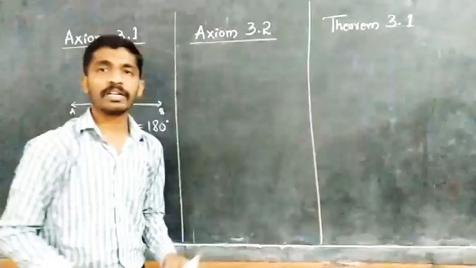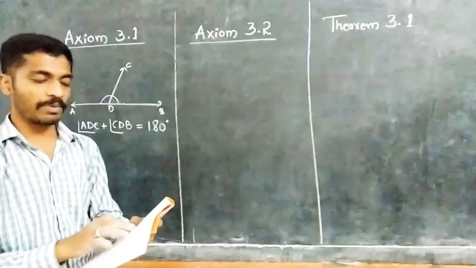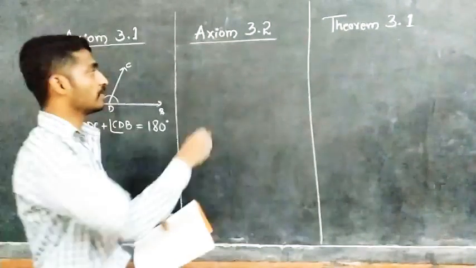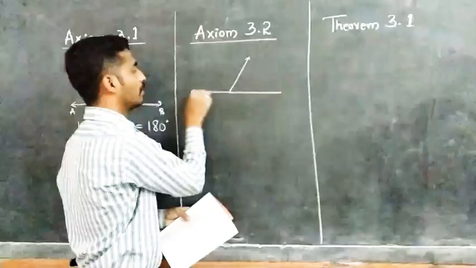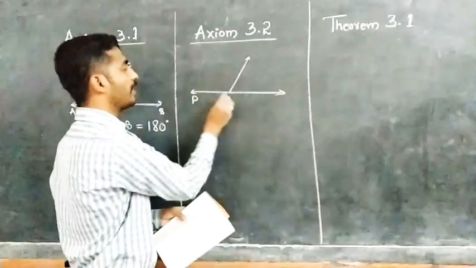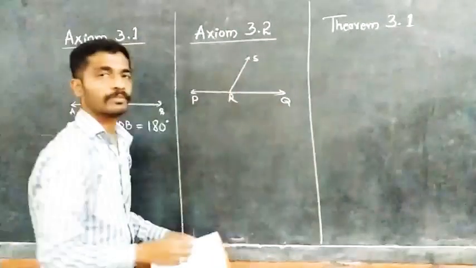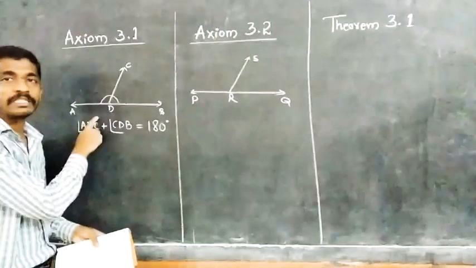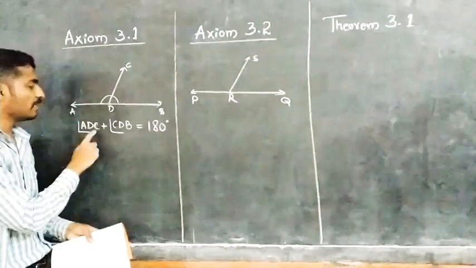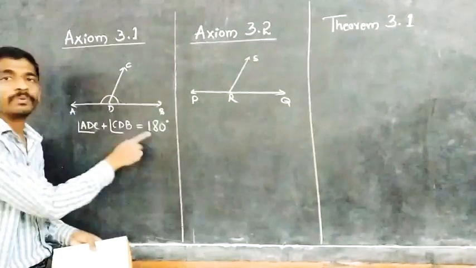Next, axiom number 3.2. What does it say? Here, indirectly, they give P, Q, R, S. Earlier we took AB as our straight line and computed that the sum of angles is 180 degrees.